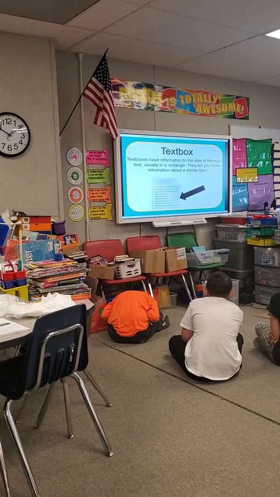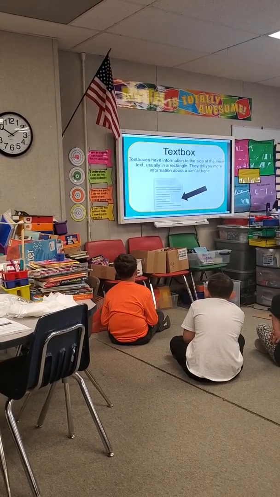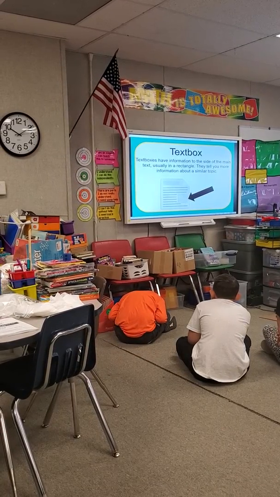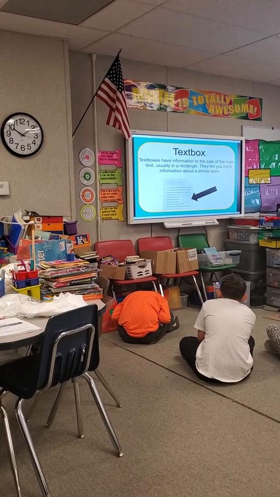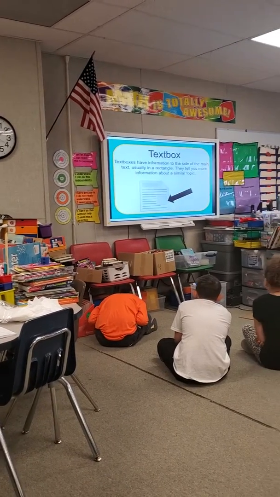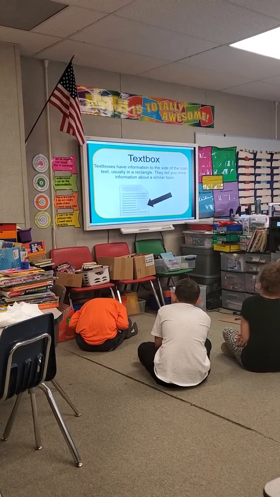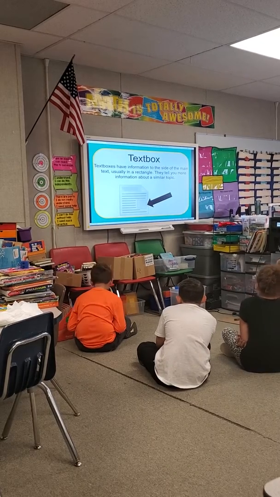Now, also, this is another one I noticed that we ran into a little bit of trouble. And this one I want you to pay special attention to. Because remember, you have your article. You have your passage. You have your source. You have your book. And there's a bunch of information. But that text box provides you extra information about what you are reading.